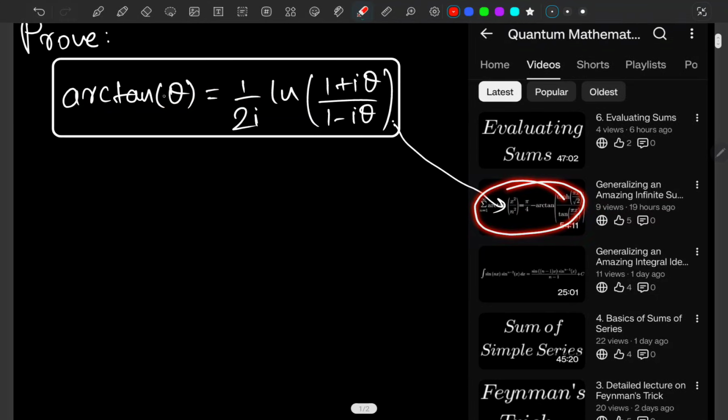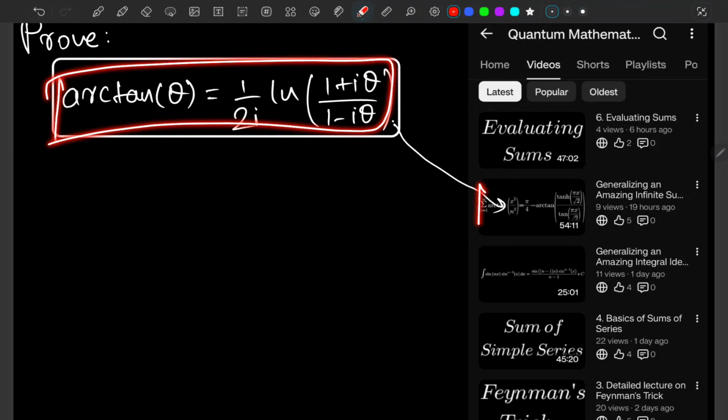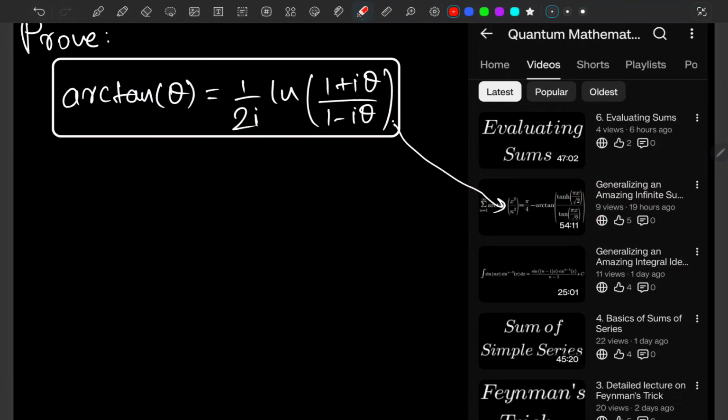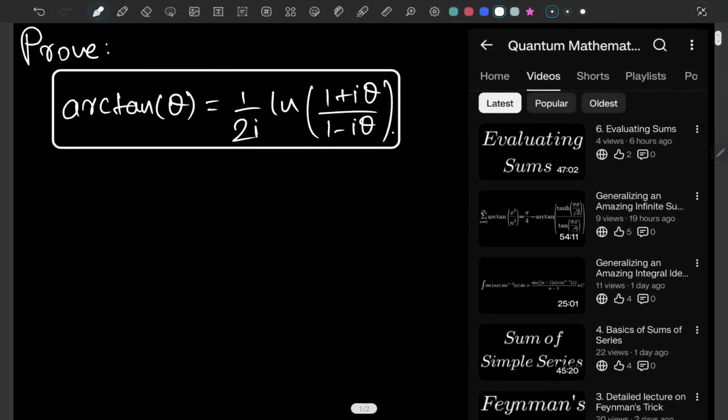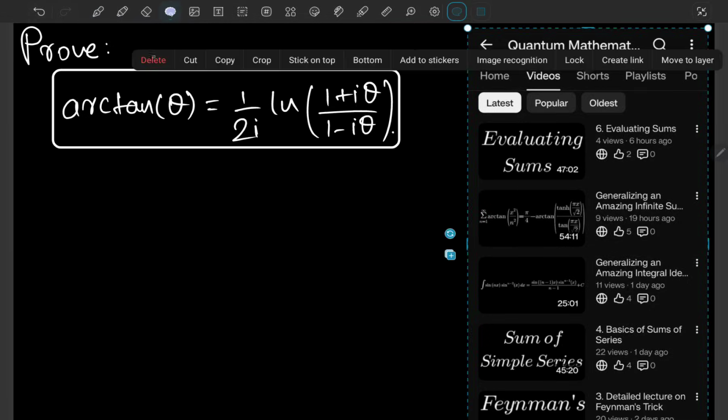In this video I'm just going to repeat the same steps, but specifically for this identity, not for that one. So it's a separate and independent video in which we will be talking about the proof of this identity.